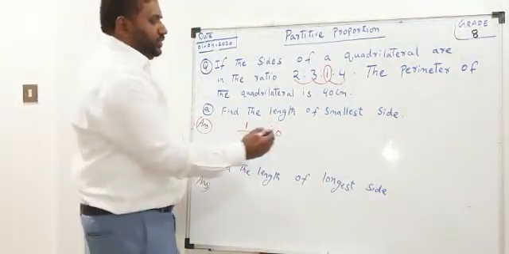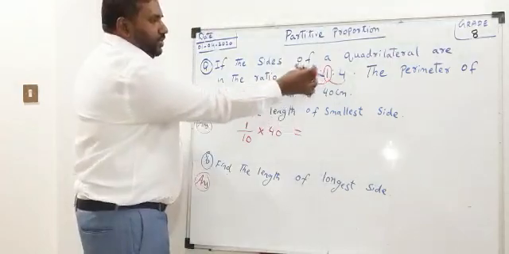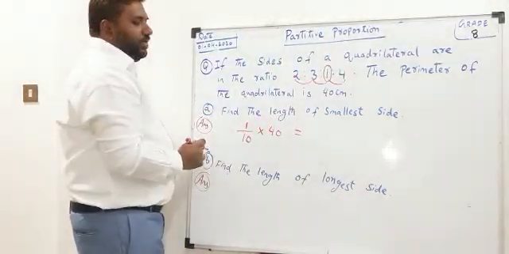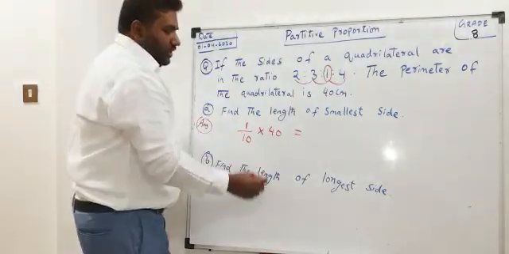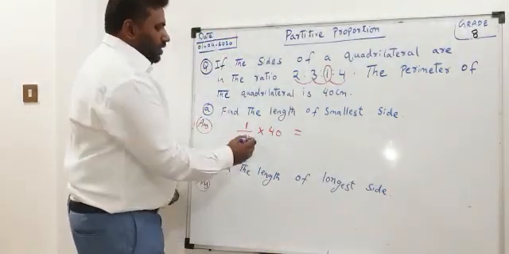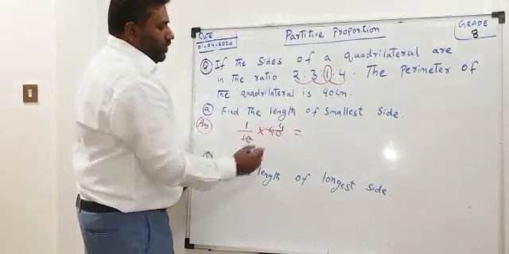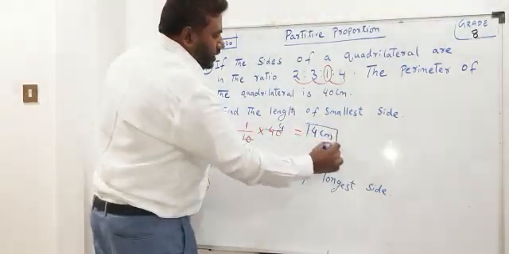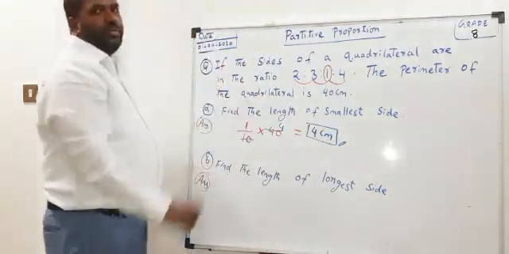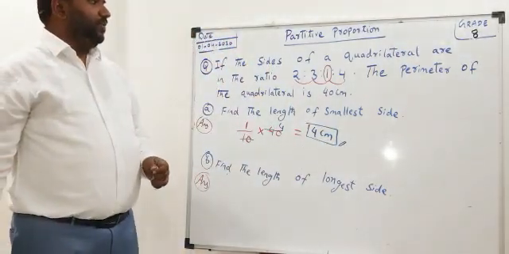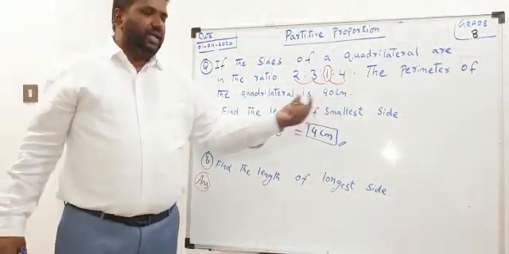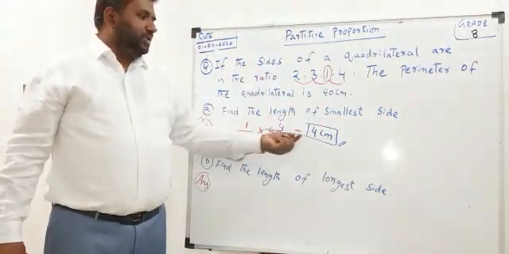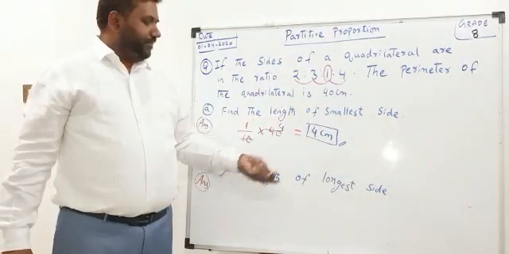In this way we take the smallest ratio over the total parts times the total perimeter. So we can divide 40 by 10, which is 4. So 1 times 4 is 4 centimeters. So we get the specific part by using partitive proportion. The smallest side length in the given quadrilateral is going to be 4 centimeters.